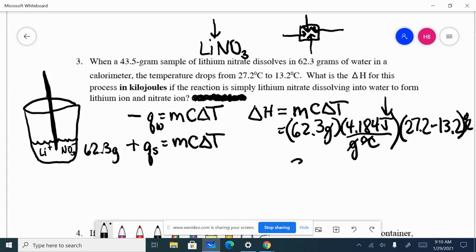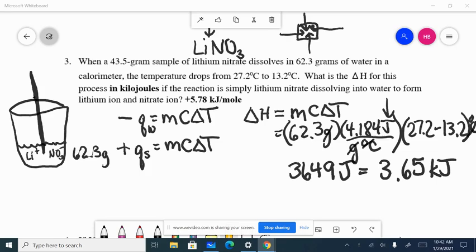The answer we get is 3,649 joules, which is equal to 3.65 kilojoules, like such. But most of the time, these problems want it, because it doesn't matter that it's a 43.5 gram sample of lithium nitrate, they're going to ask you for a general answer, which is kilojoules per mole, not kilojoules per this specific question.